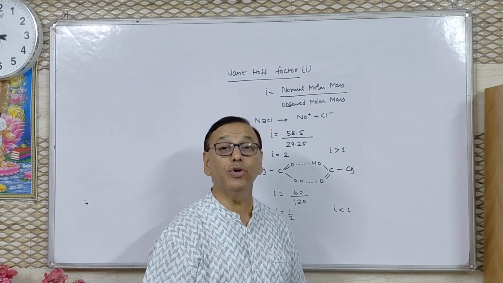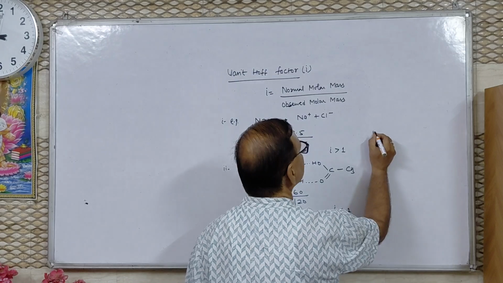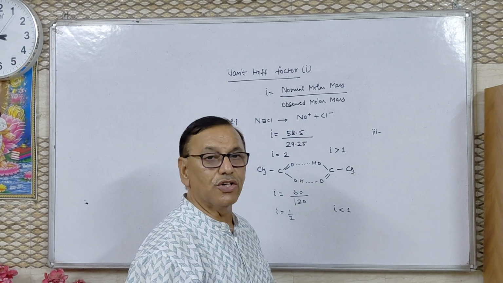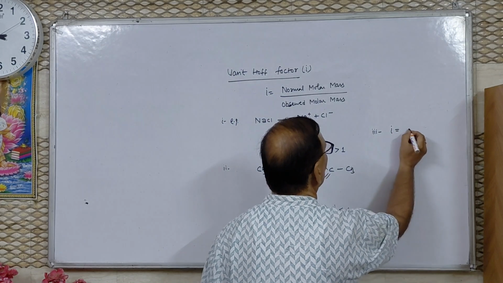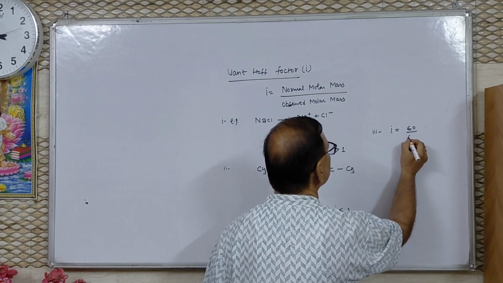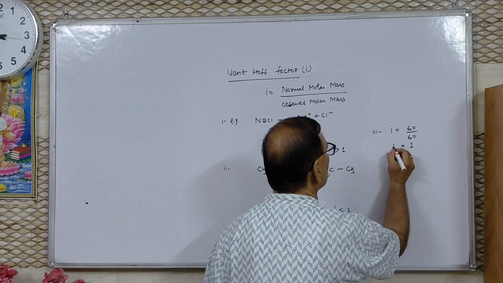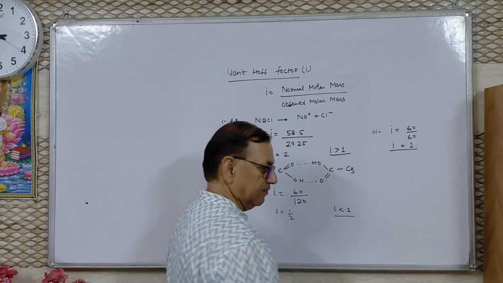And in case of urea, which does not undergo association or dissociation, i is equal to normal molar mass over observed molar mass, which are the same, and the value of the Van 't Hoff factor is equal to 1.